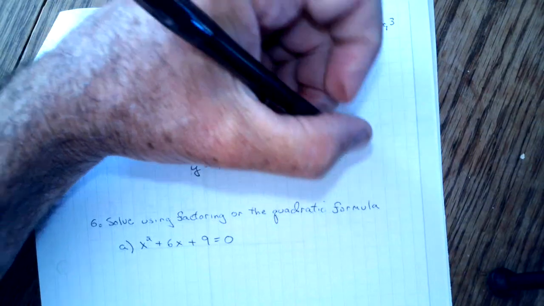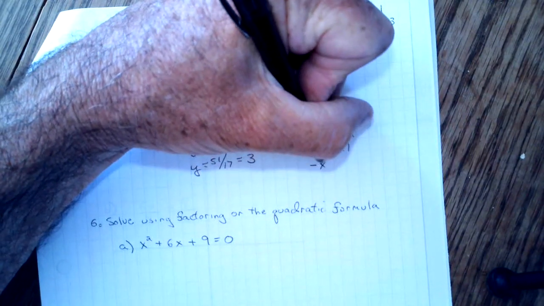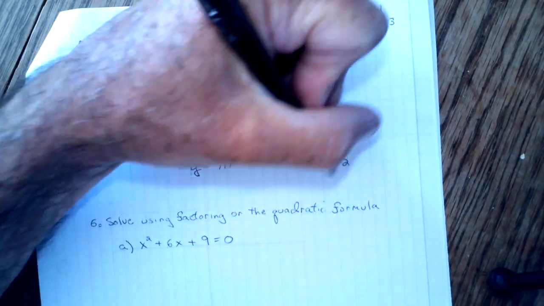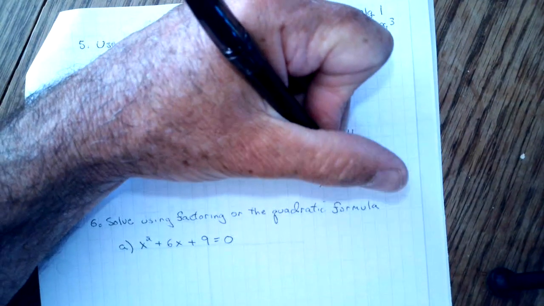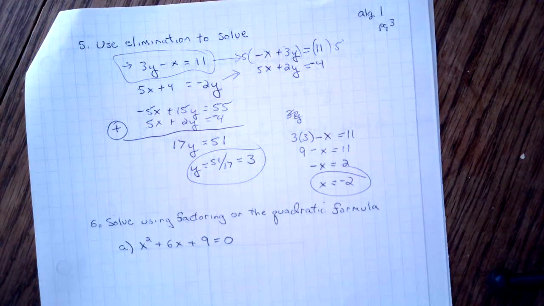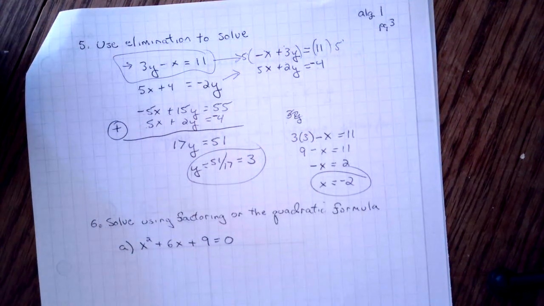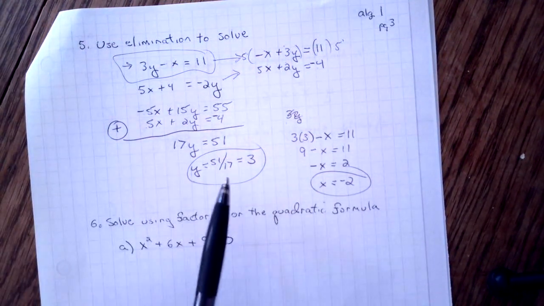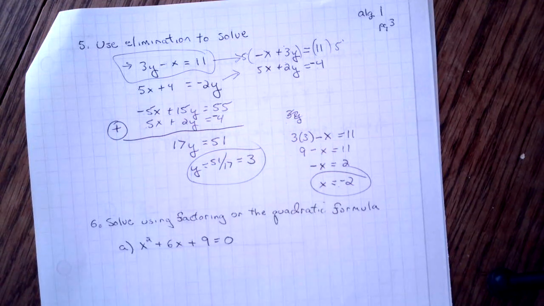Subtract 9 from both sides, and I get negative x equals 2. That means x equals negative 2. Those are my answers. Y equals 3, x equals negative 2. That's worth 3 points. And again, even though there's 2 kind of answers and it's a long problem, you have to get them both right.